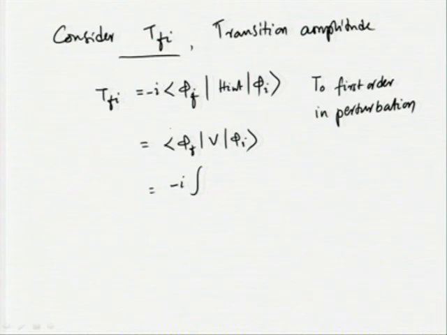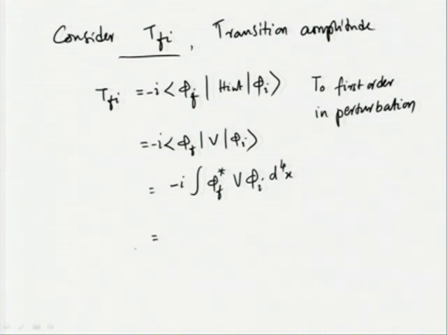There is a minus i missing if you look at it carefully. So, I will take the position representation and write it as phi f star V phi I d^4x.